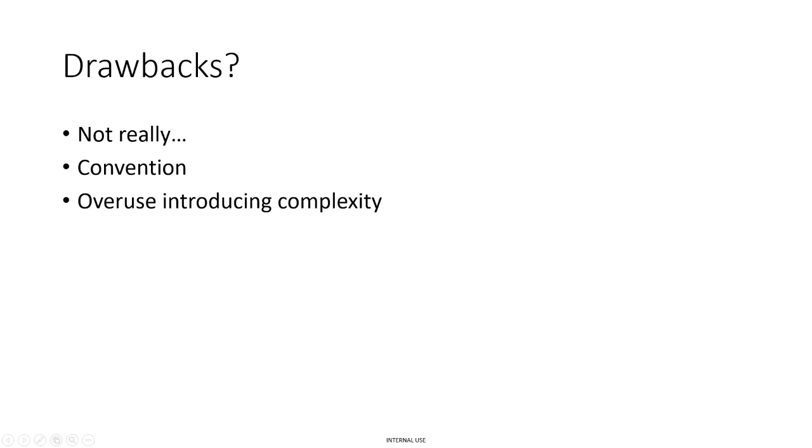Maybe a static might be confusing to use, or maybe a setter might be confusing when you don't exactly know what a valid value to pass into the setter is, and you always get errors when trying to set properties of your object or class. There's really not a lot of drawbacks. It's just convention. It's what your team is used to and what the team agrees on.